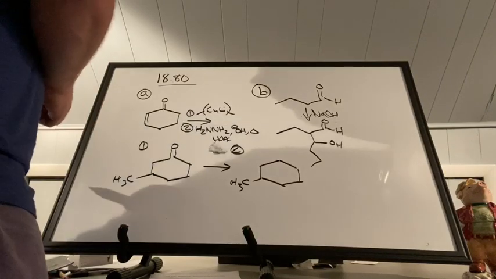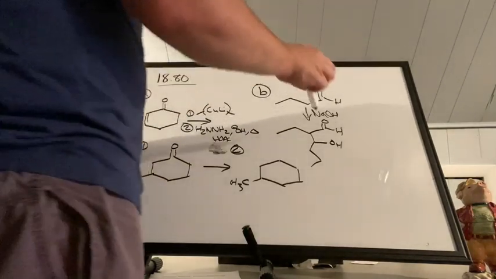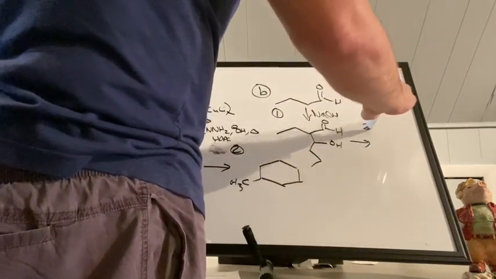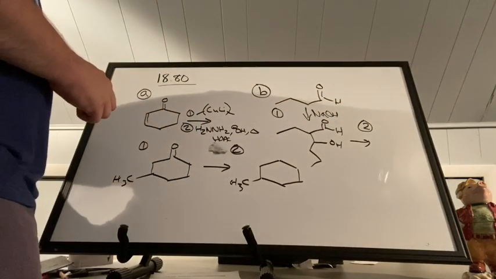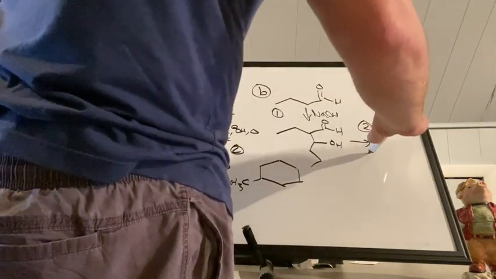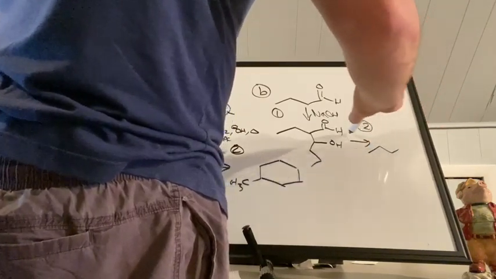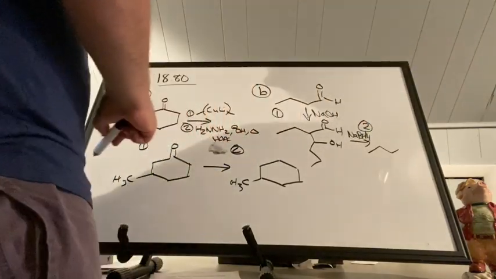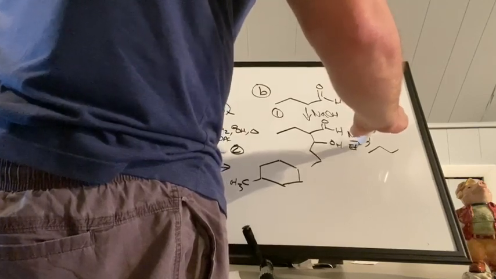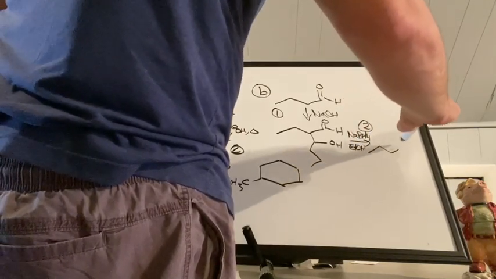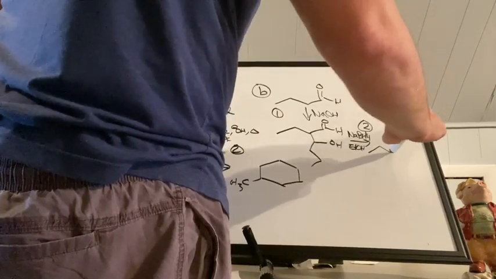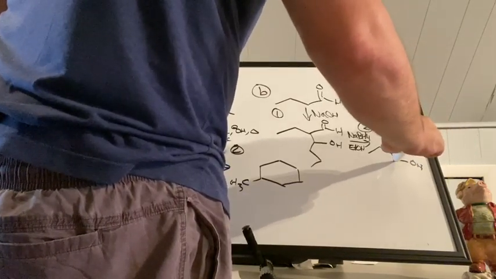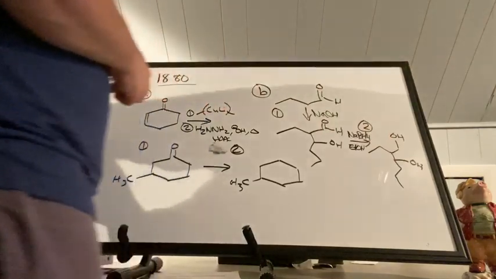Okay, good. And then treating this particular molecule, so that's the first step. The second step is going to be basically reducing that aldehyde to an alcohol with NaBH4. And of course, use ethanol for the protic hydrogen there. So that's what you're going to get. All right.